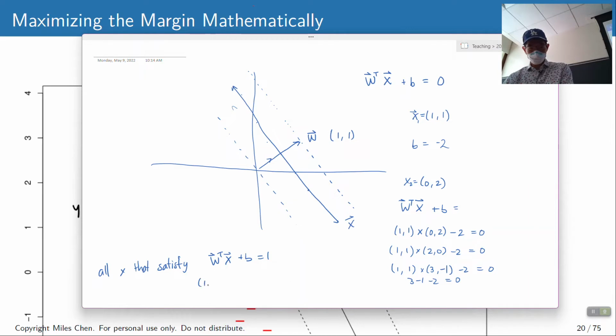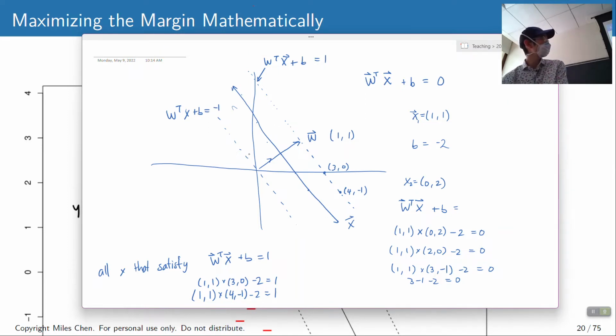If I have 1, 1 times 3, 0, minus 2, that will equal 1, so this point is 3, 0. Over here would be 4, negative 1, and 4 minus 1 minus 2 is equal to 1. So this line is W transpose x plus b equal to 1, and over here I've got W transpose x plus b equal to minus 1.